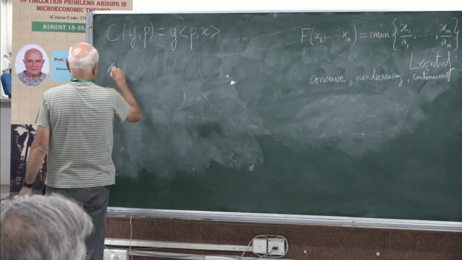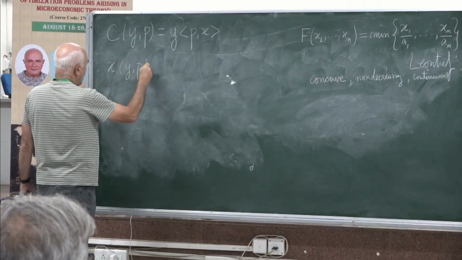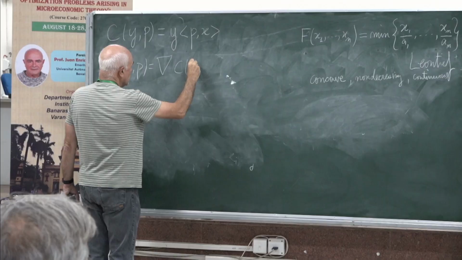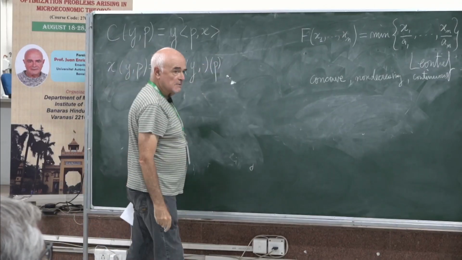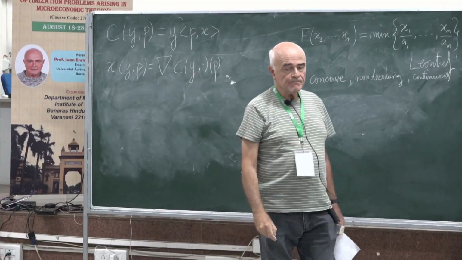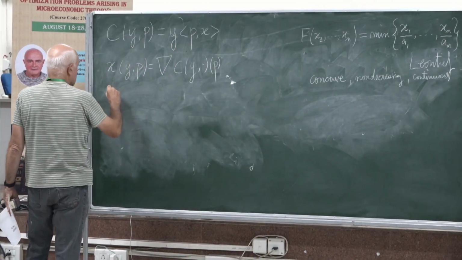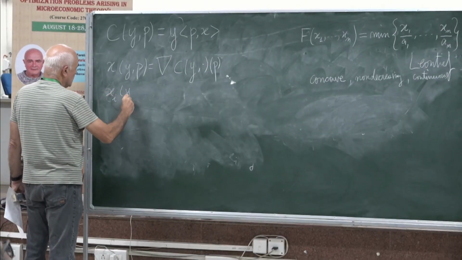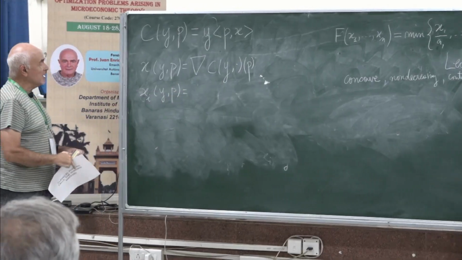Shephard's lemma says that x of y, p is the gradient of C as a function of prices at p. So the ith component of this demand function is the ith.